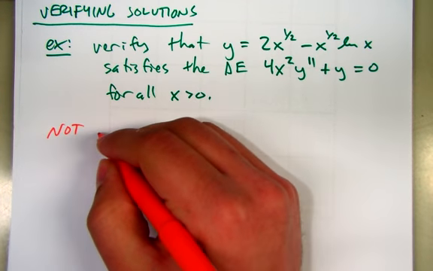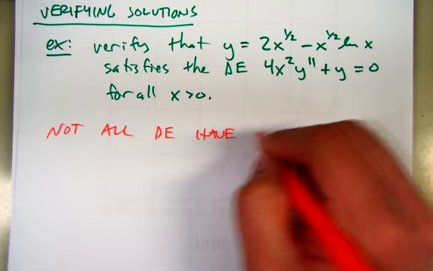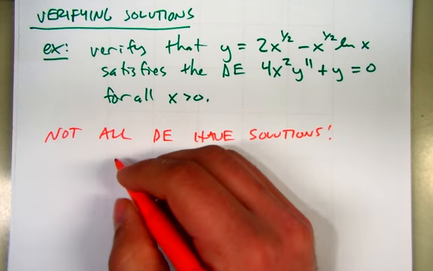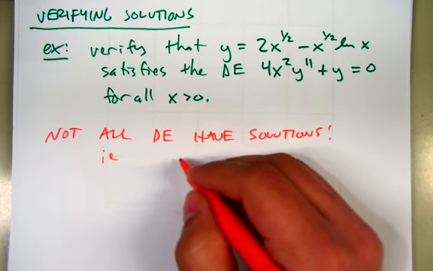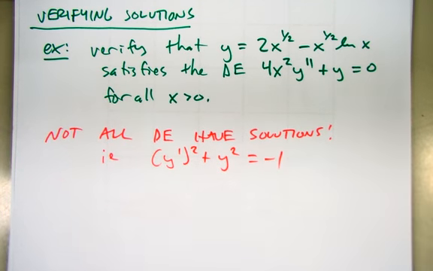We should also say that not all differential equations have solutions. For instance, if we have y prime squared plus y squared equals -1, I think that's pretty clear that that's not solvable, right? You guys see why?